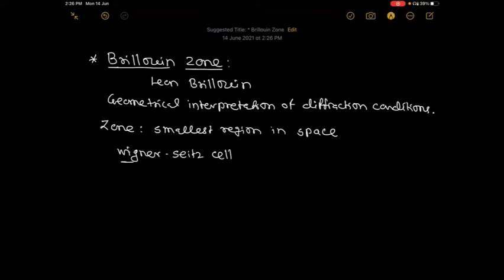So what is that Wigner-Seitz cell? That we define firstly. We define the Wigner-Seitz cell.